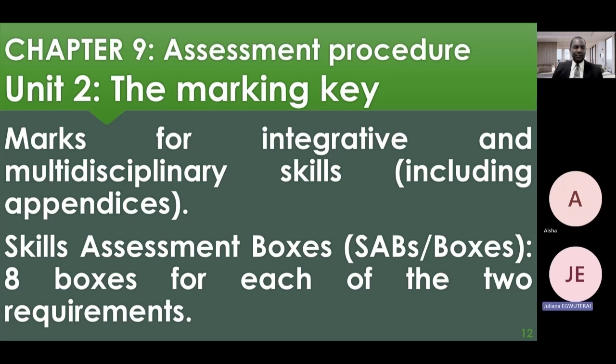Okay. So we're talking about the marking key. Aisha asked a question about the 8 boxes we spoke about. I was saying that you need to integrate and display multidisciplinary skills during your report writing, which is very important. Inclusive of the appendix, there are 8 boxes you are assessed by.